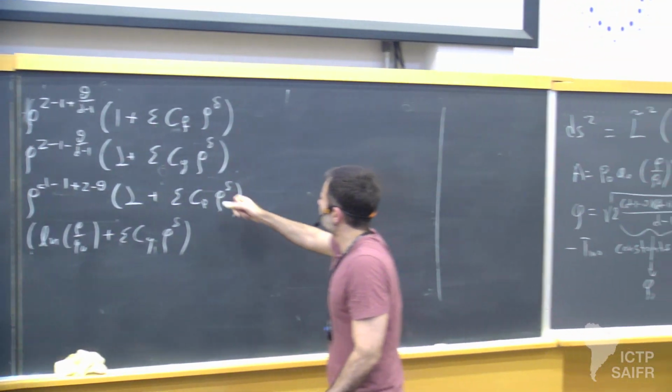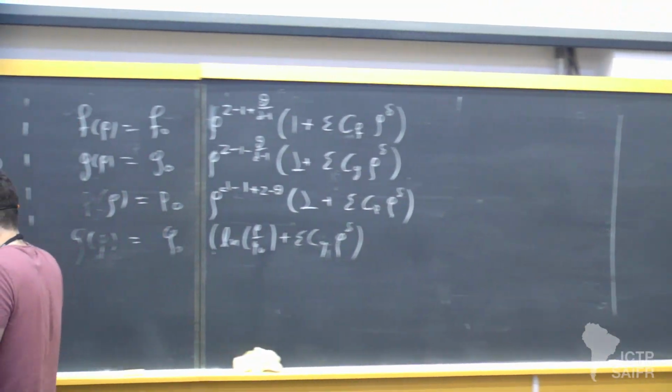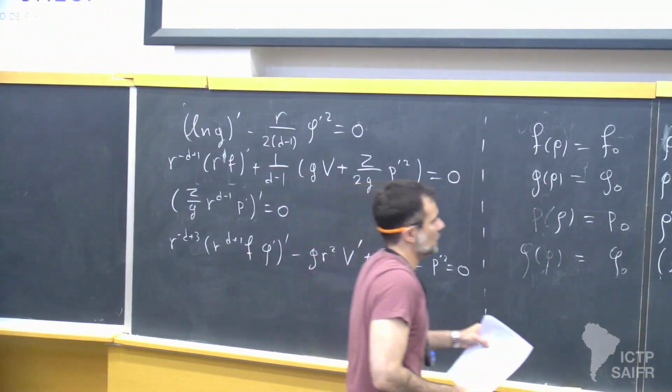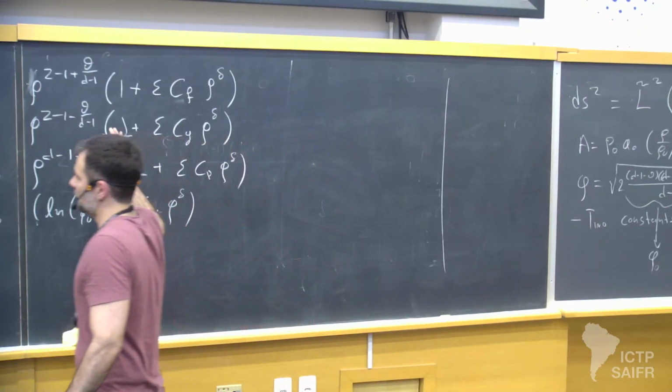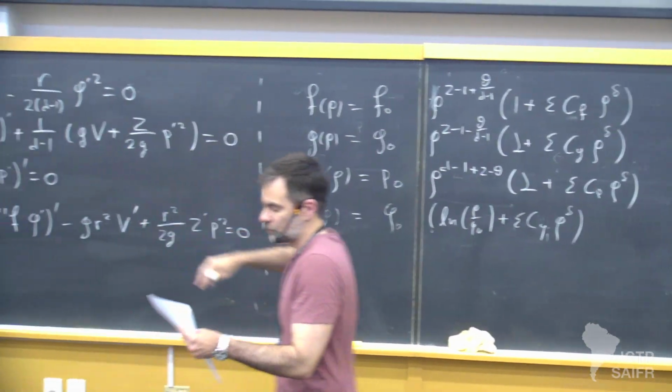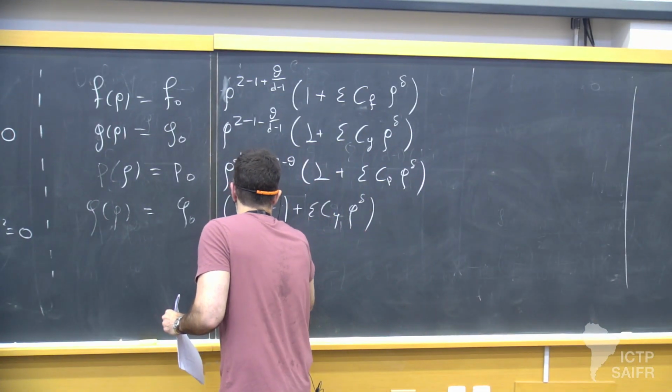So you see that I have fixed these exponents somehow. No one told me to do that. But the reason why I fixed my exponents like this is because if I plug this perturbation in these equations of motion, then the resulting equations of motion will take this form.